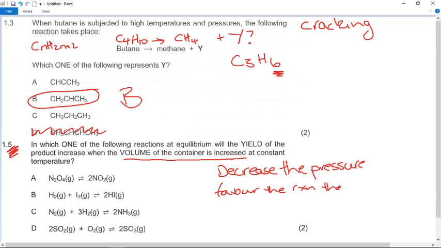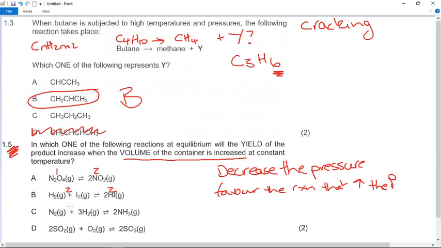So how do we increase the pressure? We increase the pressure by putting more moles on the right-hand side than the left-hand side. We'll favor the reaction that produces more moles. In this one we have 1 mole goes to 2 moles. In this one we have 1 hydrogen and 1 iodine, so that's 2 and 2.